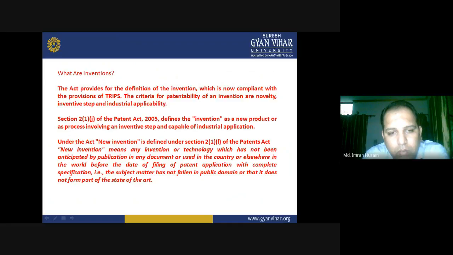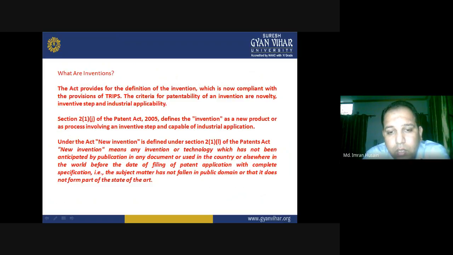New invention means any invention or technology which has not been anticipated by publication in any document or used in the country, or elsewhere in the world, before the date of filing the patent application with complete specification.